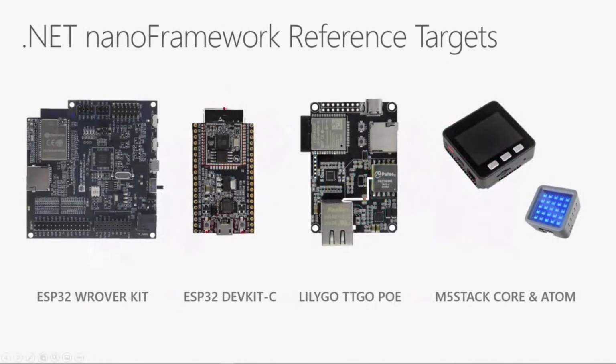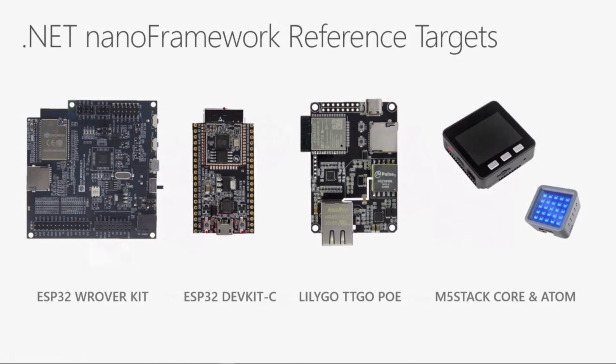Okay, next group, and this is a very popular and populated one, are the ESP32 devices. We have also ready to flash images for any of these devices that you see here.